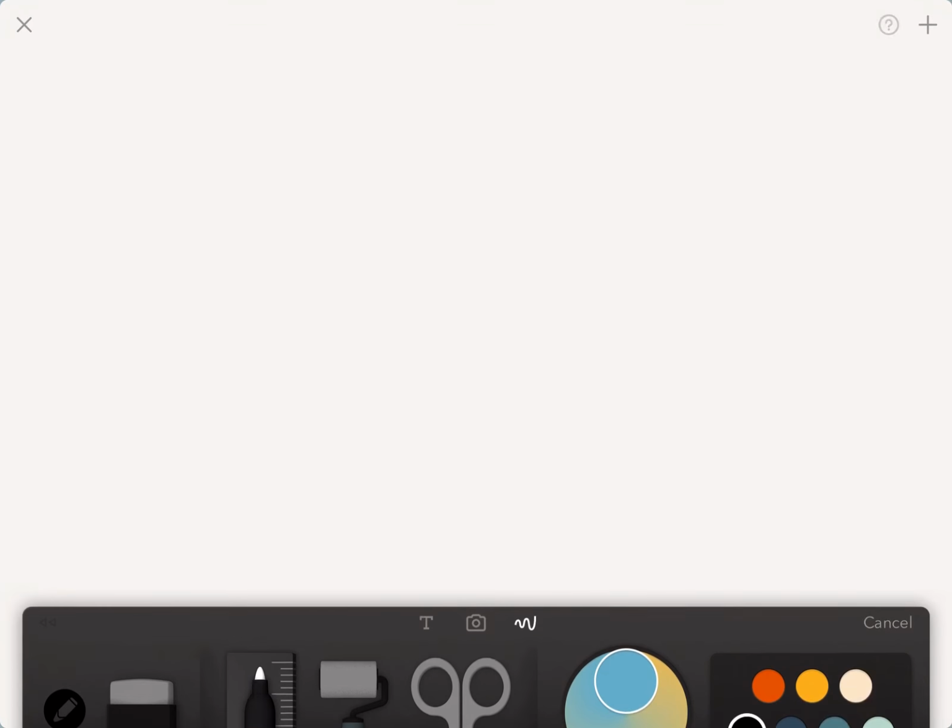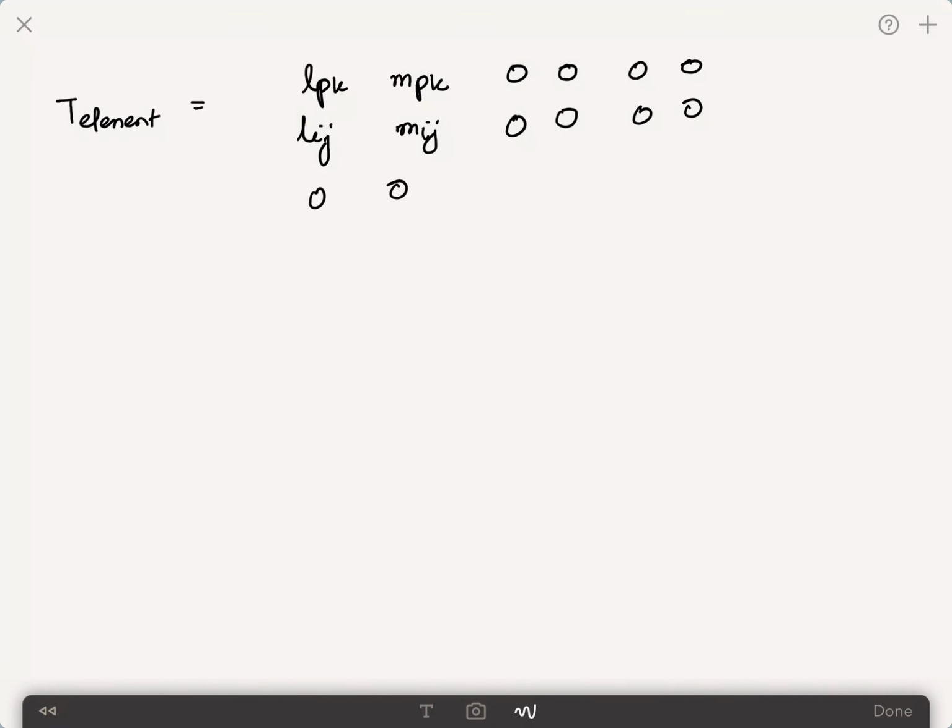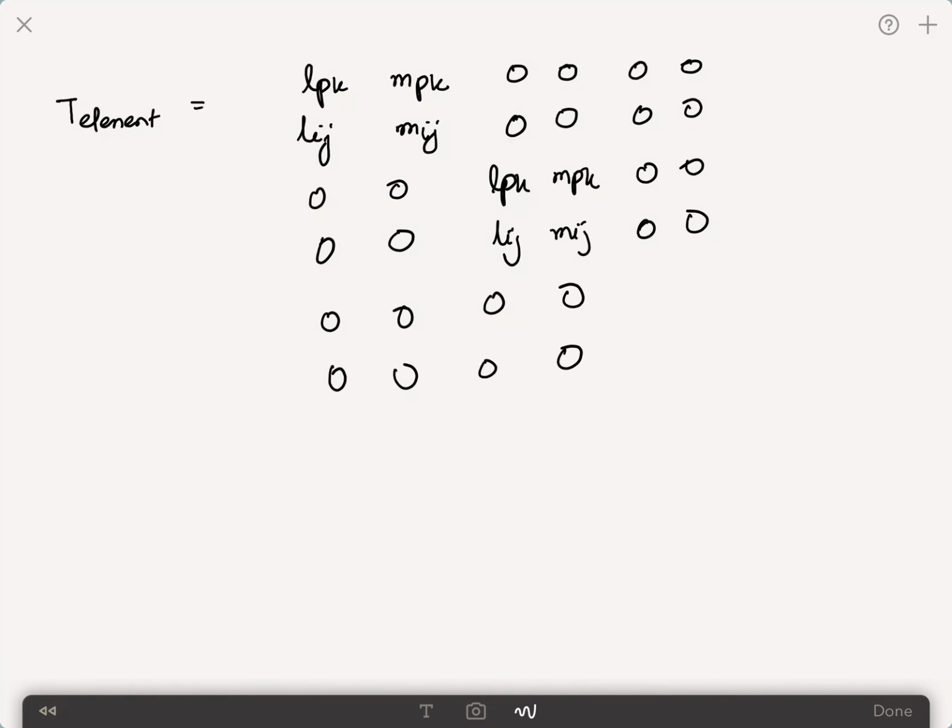If I want to make it explicit and write it down, then T element can be written as LPK MPK LIJ MIJ 0 0, twice the same matrix. Then again once LPK MPK LIJ MIJ, and again this same, because the first 2 nodes are not participating.